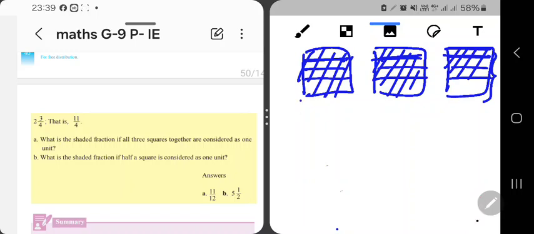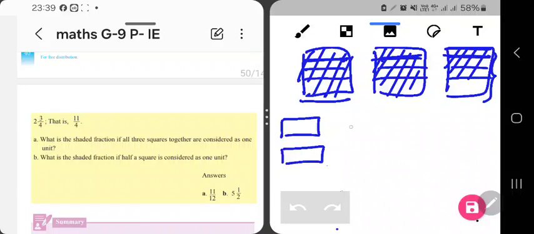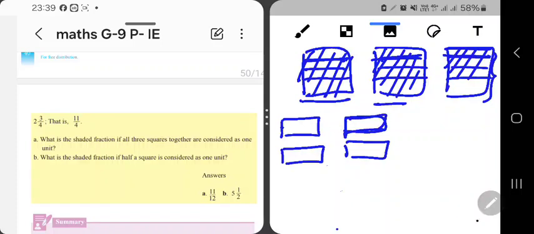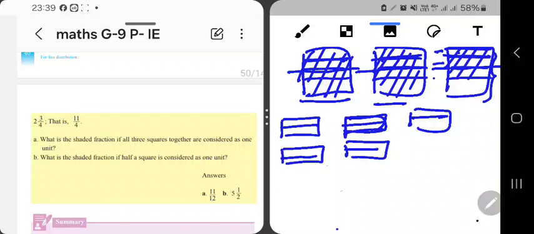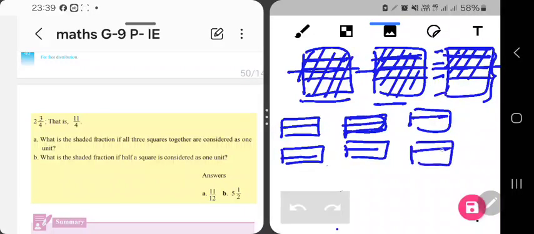Half of this square can be drawn as in 2 halves, right? And this is divided into 2, this is divided into 2, this is divided into 2, this is divided into 2. Here in the half, there are 2 sections, 1 and 2. There's 1 and 2 here as well, like this.